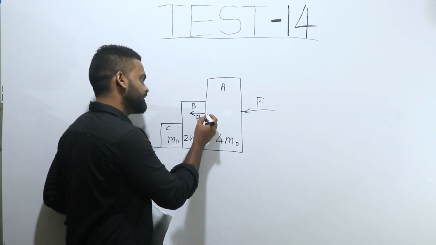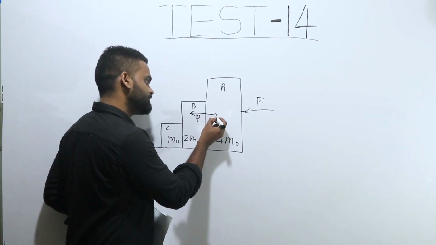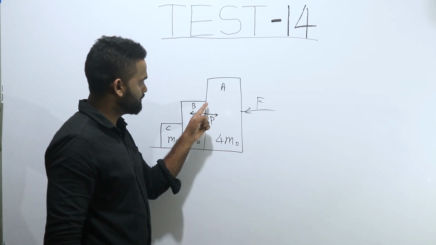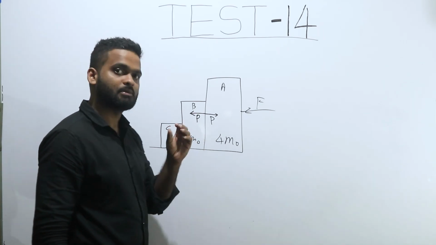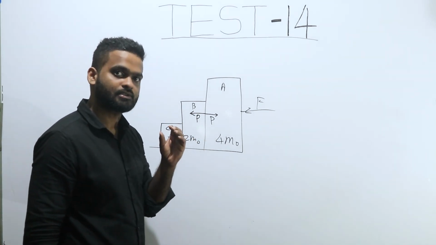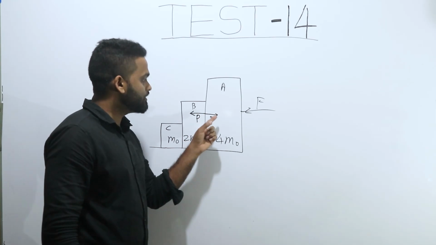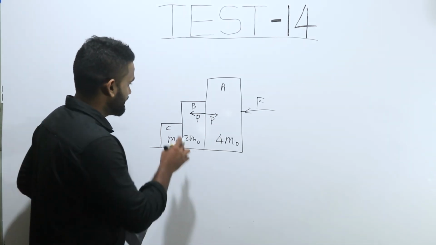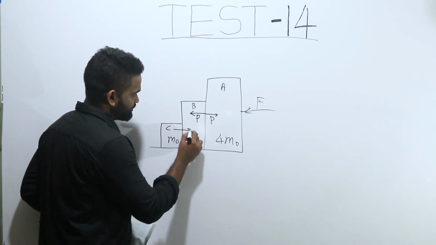Since there must be a force, there must be a reaction force to the other side. If there is a force by A on B, there must be a reaction force by B on A. So these are P, P. Then between B and C as well, there are action and reaction forces.